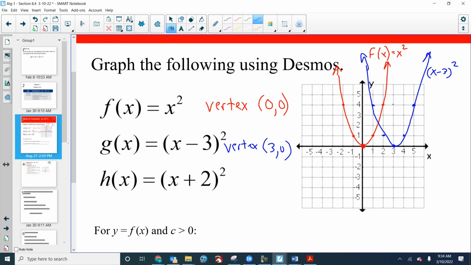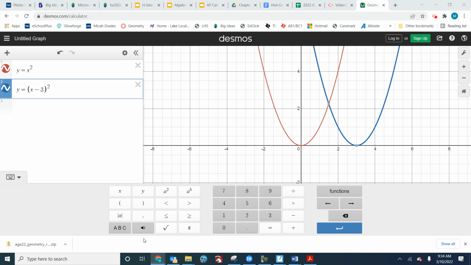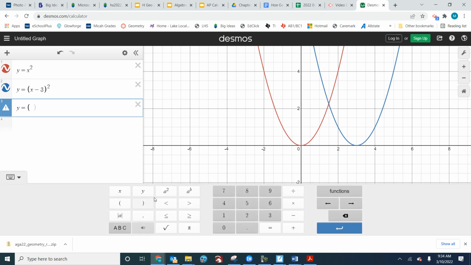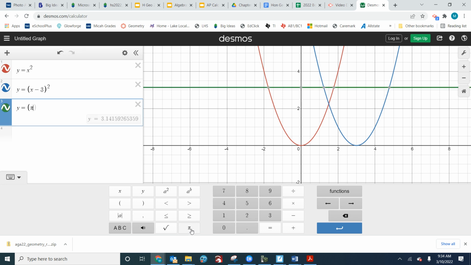Now, before we do that, go to Desmos. Have a third parabola. Was it x minus 2, right? X plus 2, thank you.